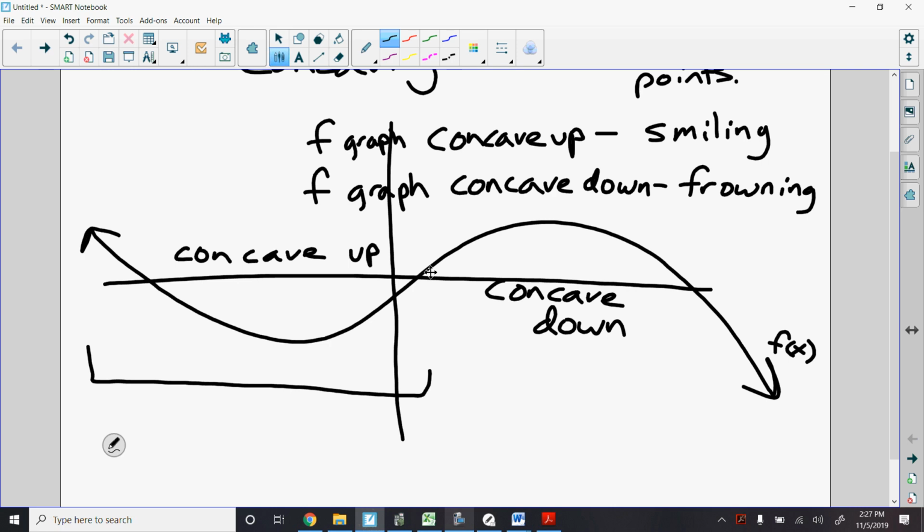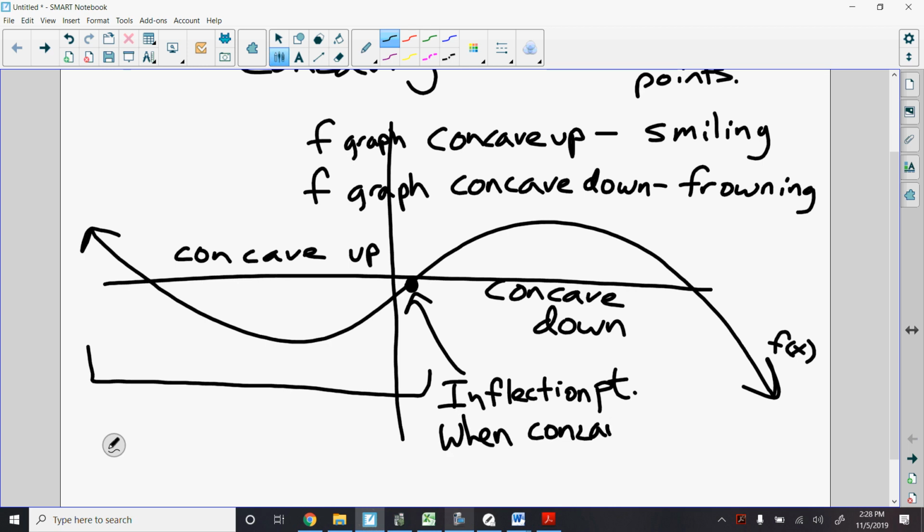Somewhere in here is our inflection point. And again, an inflection point is when our concavity switches.